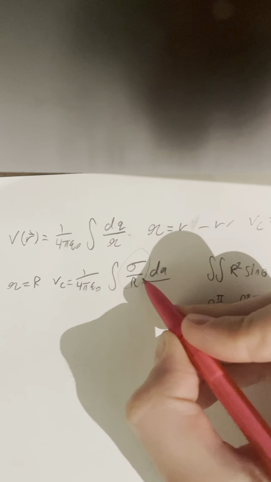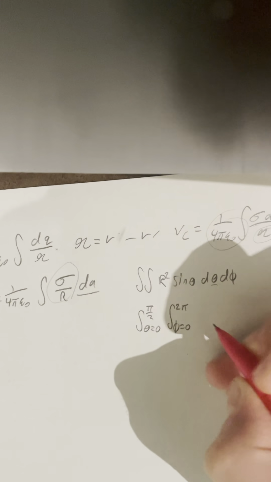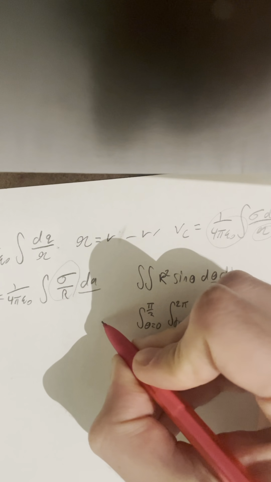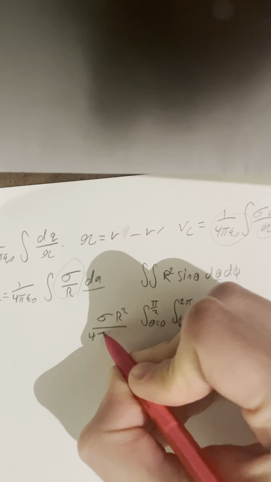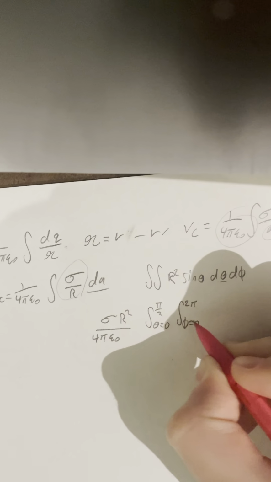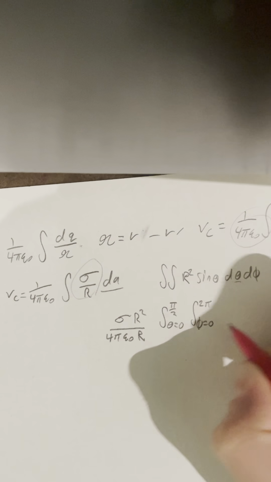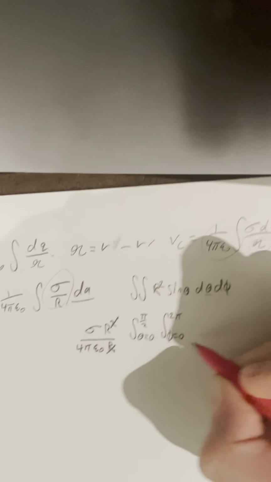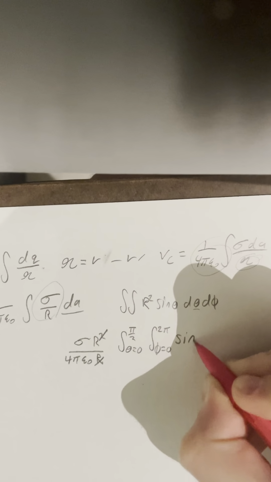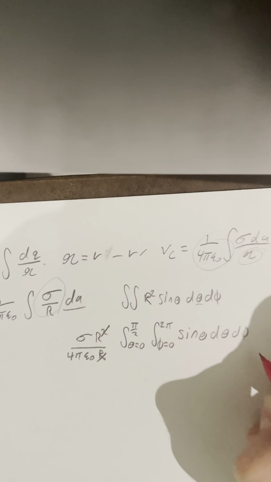If we rewrite this, we can take these terms out of the integral, and we should have sigma R squared over 4 pi epsilon naught, and we should have an R right here. We cancel this out and this out, so we just have the integral of the term inside, d theta d phi.